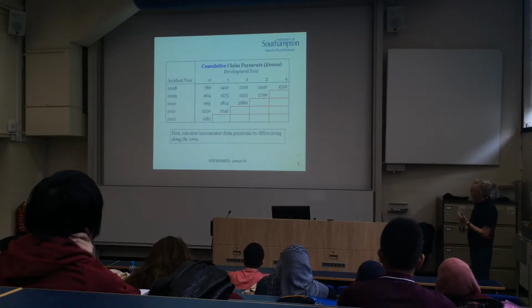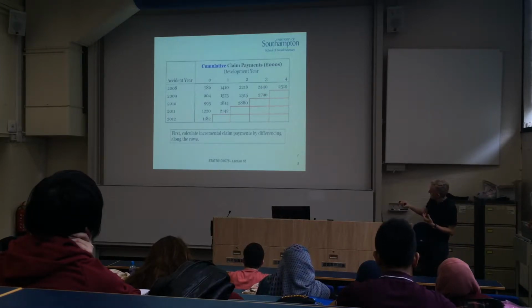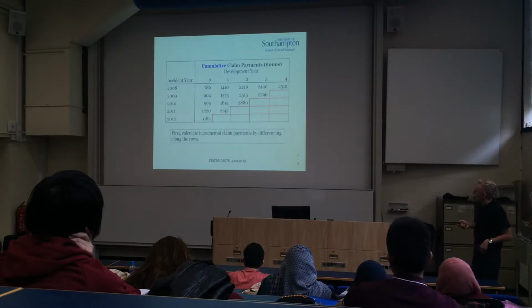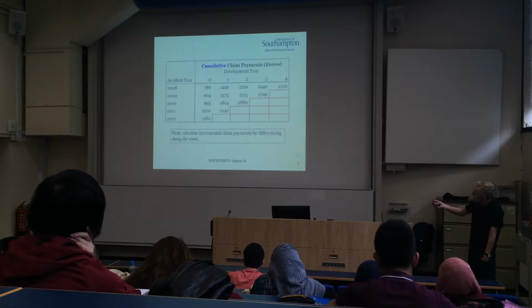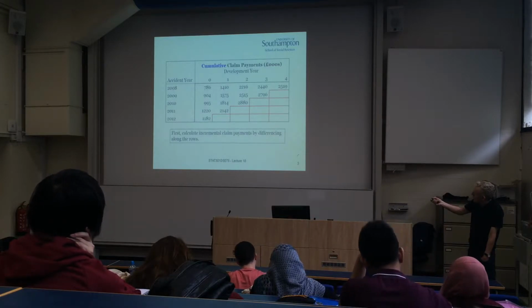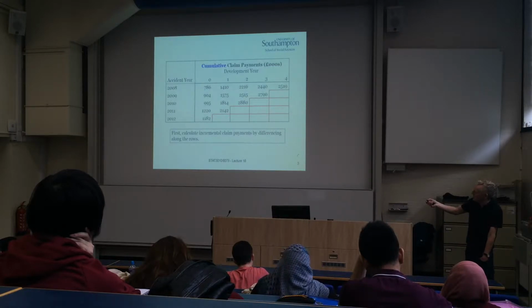So the first step is to create a table of incremental payments. Alright, so that's very easy. All we do is take differences along the row. So for example, starting at the top, the incremental amount paid in 2009 corresponding to accidents that happened in 2008 is simply 1410 minus 786.